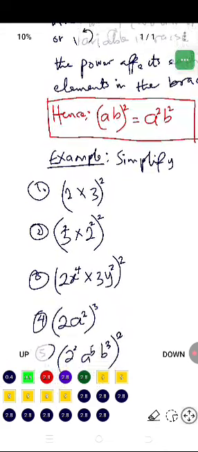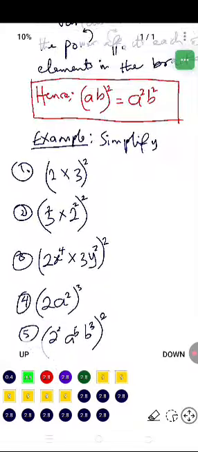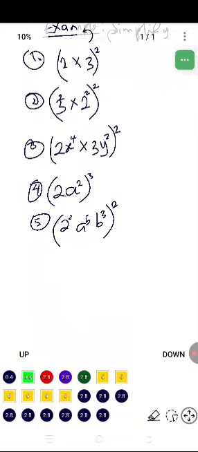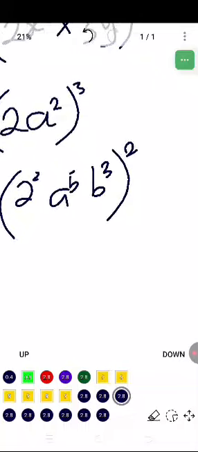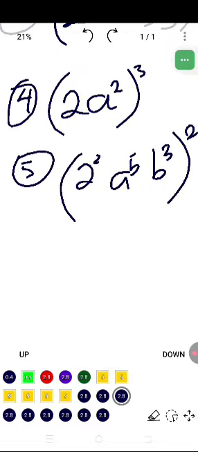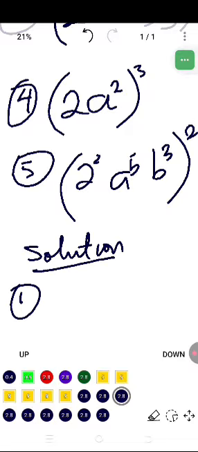So let's take one or two examples here. Let's simplify. Number one, we have (2 times 3) raised to power 2.